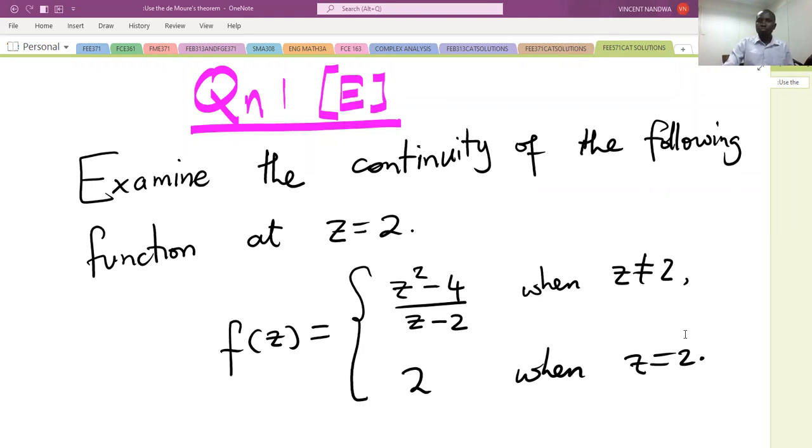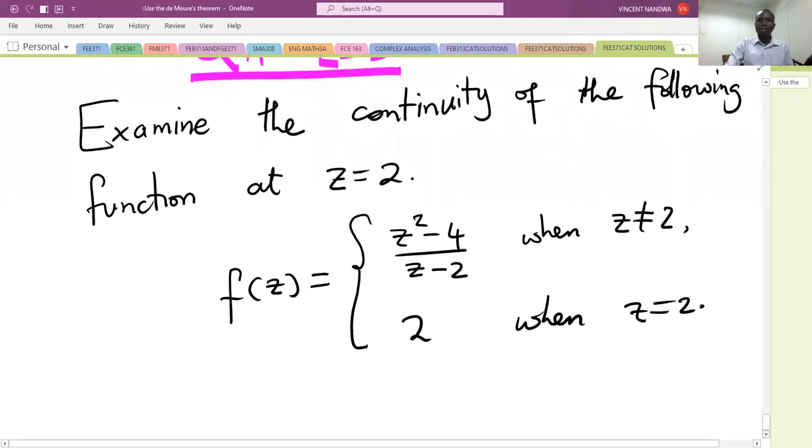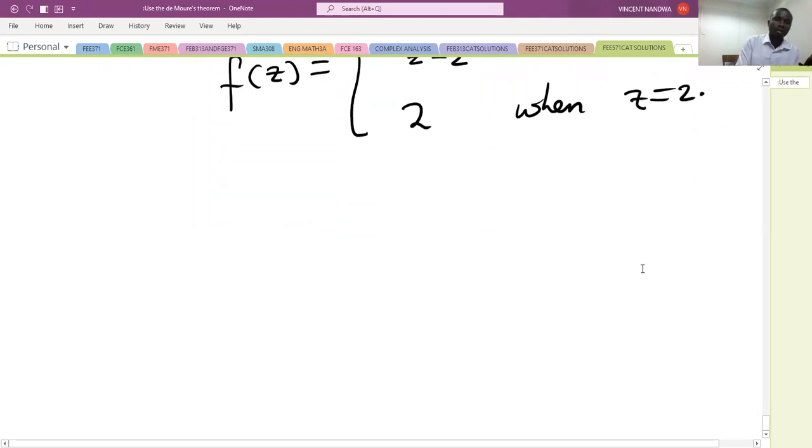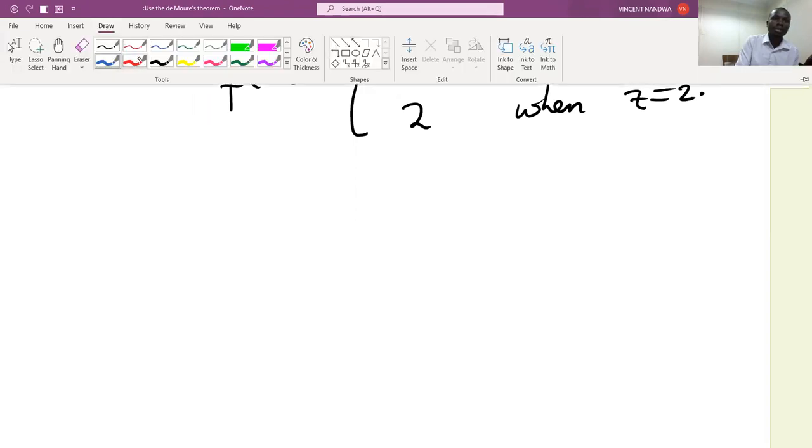So there are two things for us to test: one, to find the limit of the function as z approaches 2, and then determine whether the limit is the same as the value of the function at z = 2.